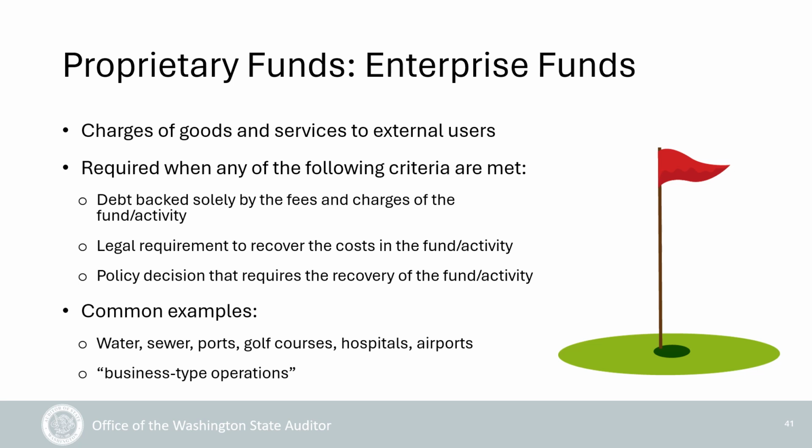An example of this is if you run a sewer and issue debt and the debt covenants say that you will only repay the debt using the sewer revenues, but you will not use any of your other revenue sources like property taxes, then you would be required to report that sewer activity in an enterprise fund.